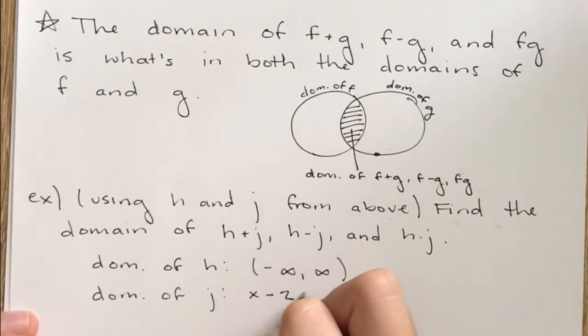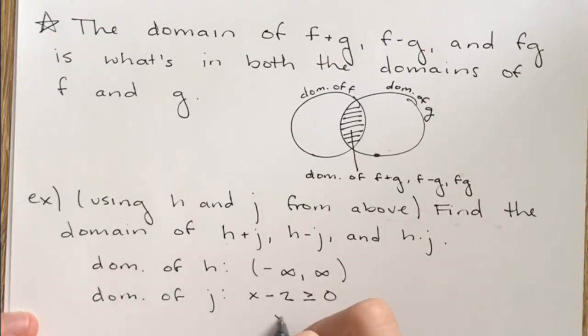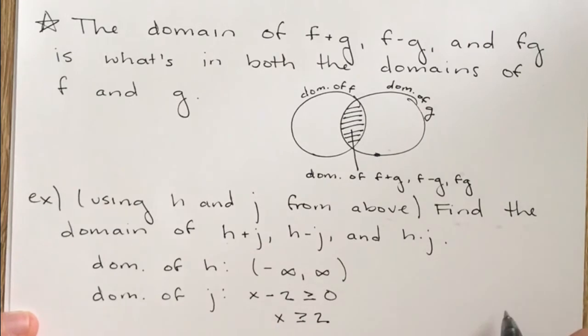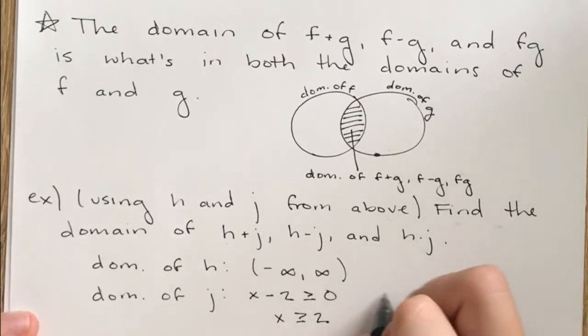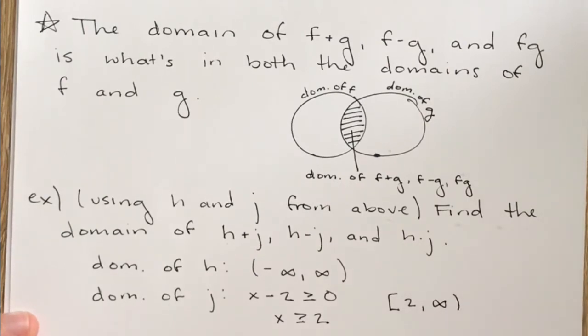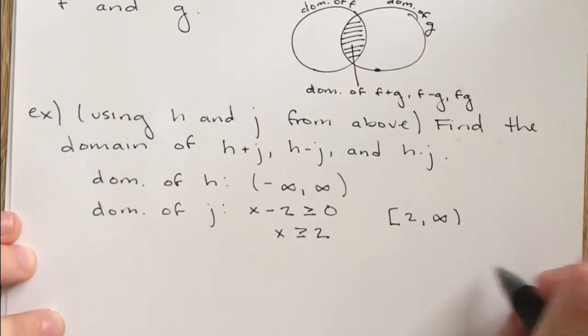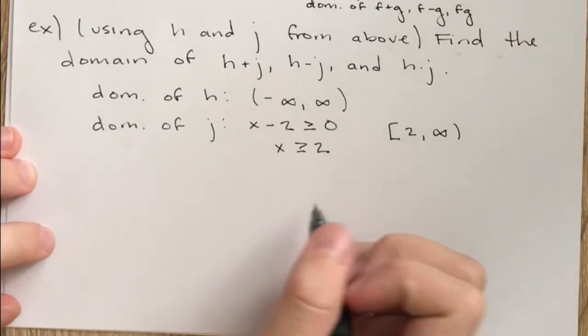So the stuff underneath is x minus 2. We want to set that greater than or equal to 0. We only want x values that are greater than or equal to 2. That means that our domain is 2 to infinity. Okay, so what's in both here?